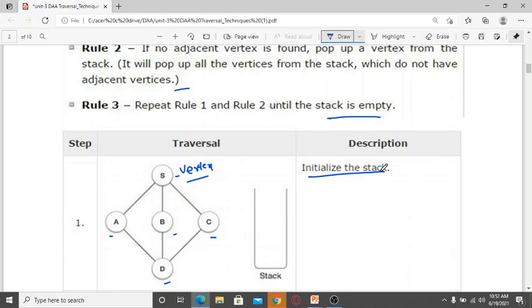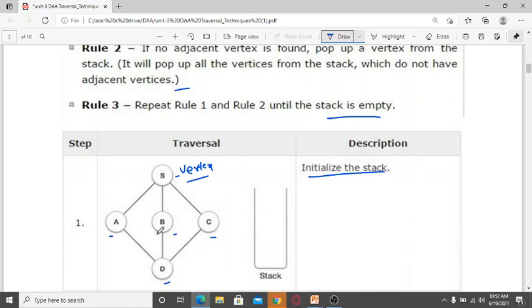Before starting, you must know why we are doing this: in this graph we need to find the cycle, and we need to know whether all vertices present in the graph are visited or not. That is the main advantage.